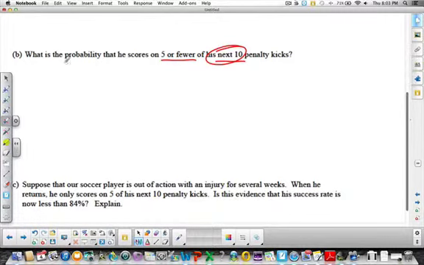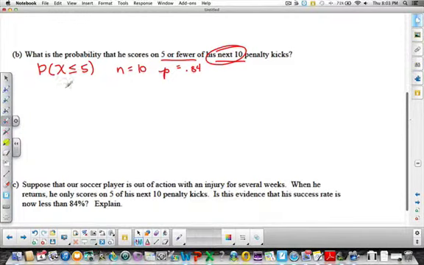We're looking at 10 trials, and we're looking at 5 or fewer successes. So in this case, we're looking for the probability that x is less than or equal to 5, and we're looking at 10 trials, and the probability of success is equal to 0.84.